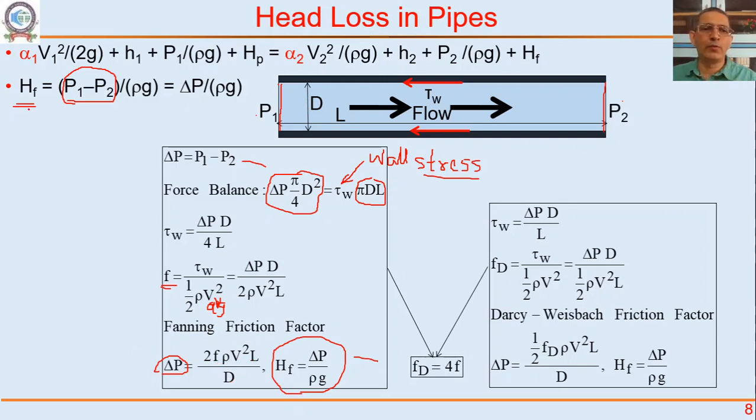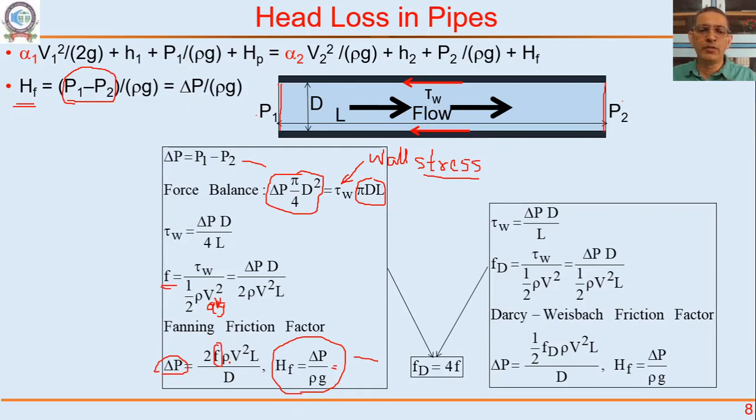And HF, if you want to write, it is delta P divided by rho G, so HF would just become 2F V square L by dG. So HF you can get from this equation, 2F V square L by dG. Okay. So that's the advantage of using this friction factor in a dimensionless form.